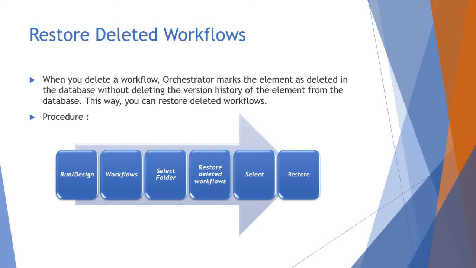A window displays the differences between the current workflow version and the selected workflow version. Select a workflow version and click Revert to restore the state of the workflow. The workflow state is reverted to the state of the selected version.